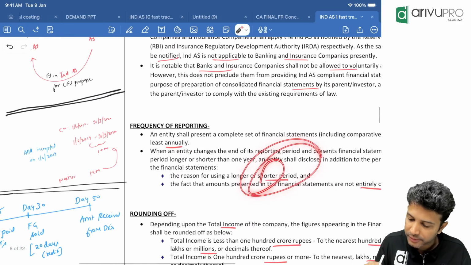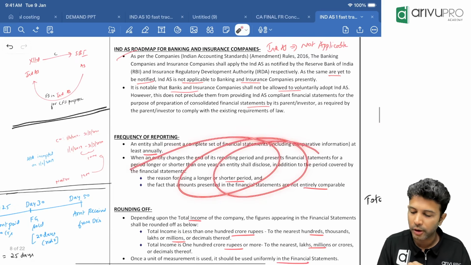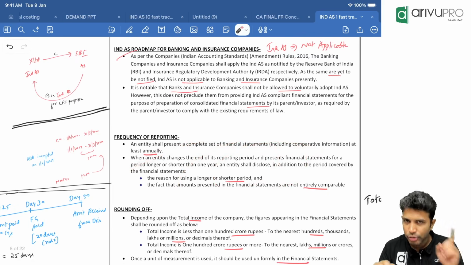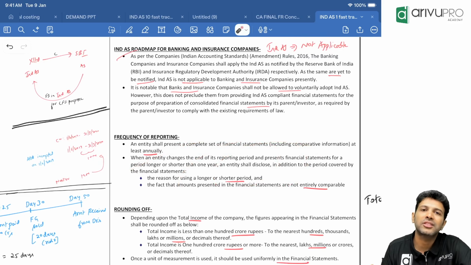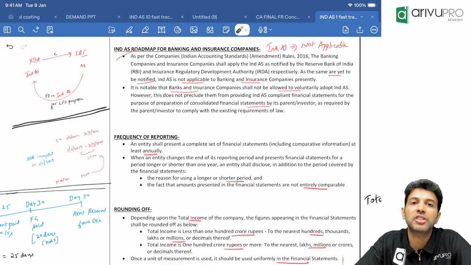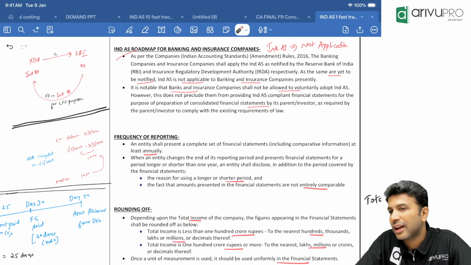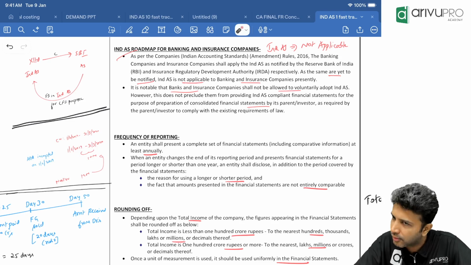That's what is written here. What is summarized over here as a point: basically, using 12 months data, at least once you need to report. But there could be some cases where you may be preparing financial statements for less than 12 months, especially in the first year or last year. So you will justify that. Why are you preparing for less than 12 months?